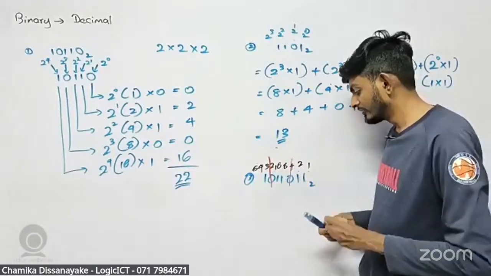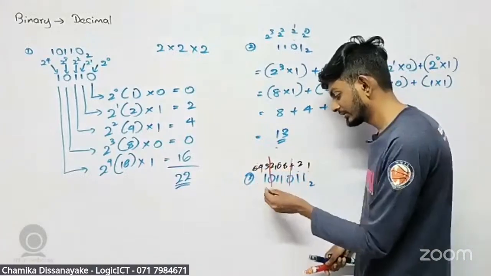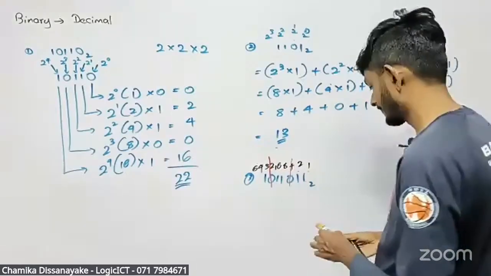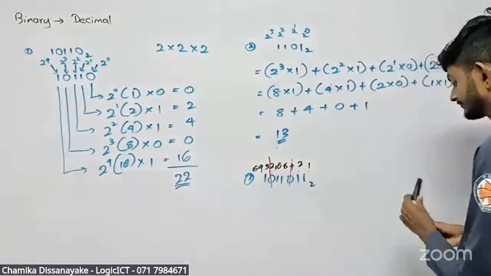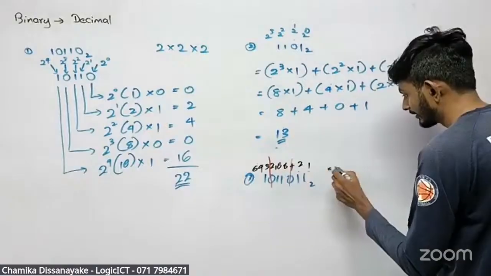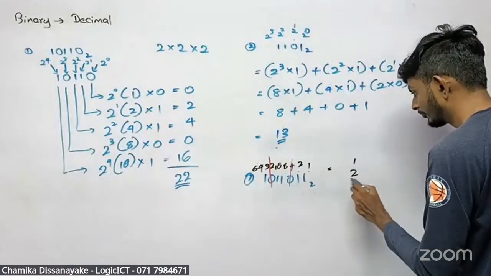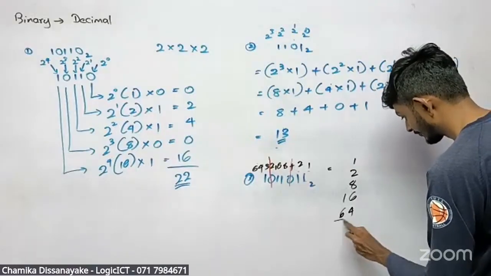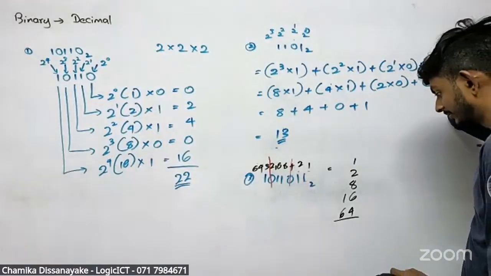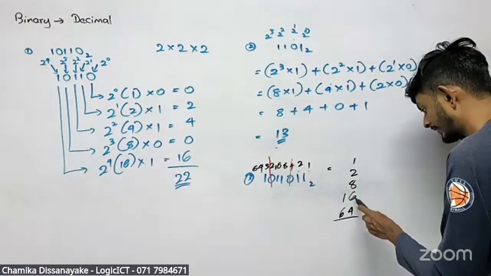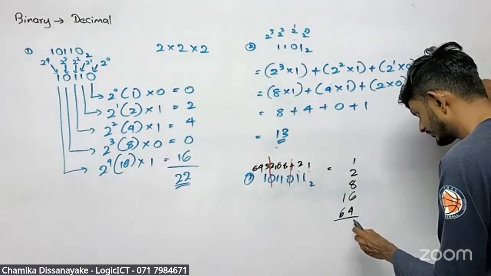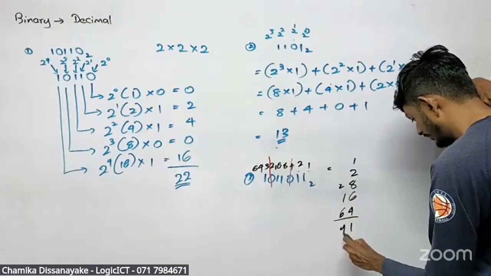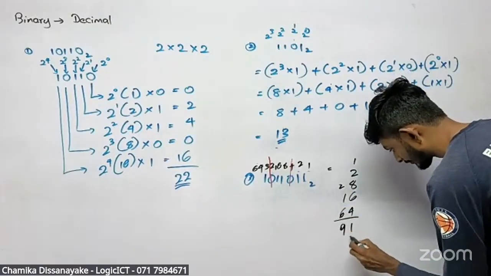Then we add the values corresponding to the ones: 1, 2, 8, 16, 64. If we add these, we get 91. 91 is the answer.